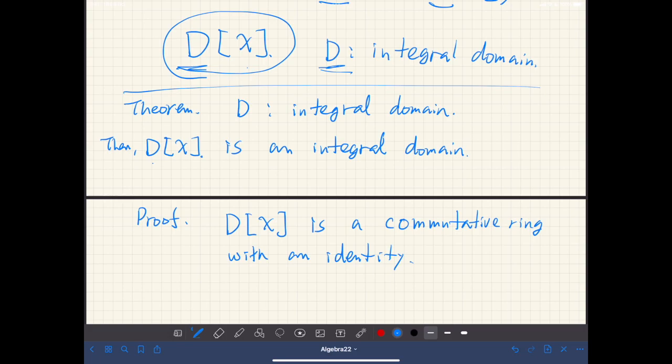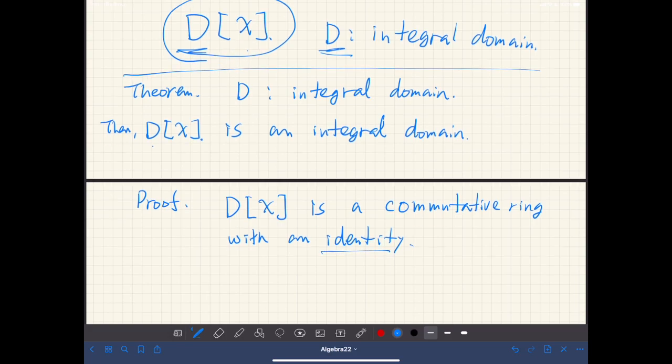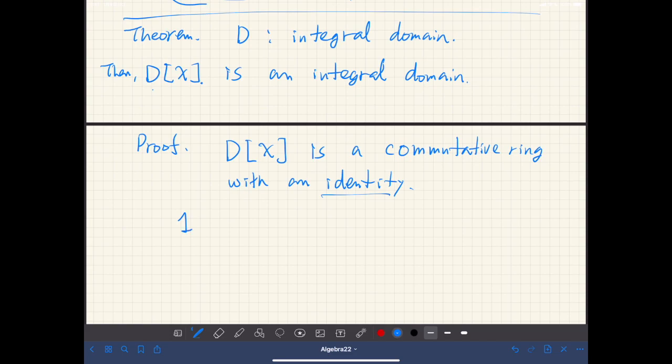So what is this identity element in this polynomial ring? That is a function, 1 of x, that is equal to 1. So it's a constant function, and this 1 is an element of this underlying integral domain. If we define the function 1 of x as a constant function, then this behaves as the identity element of this polynomial ring.